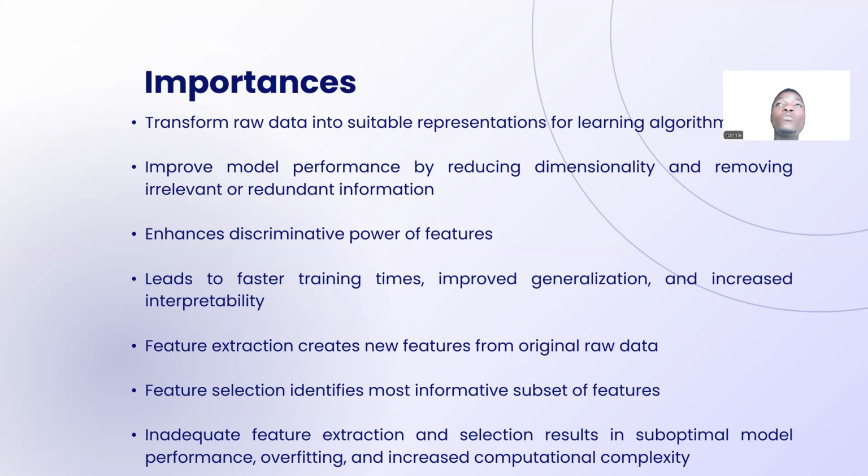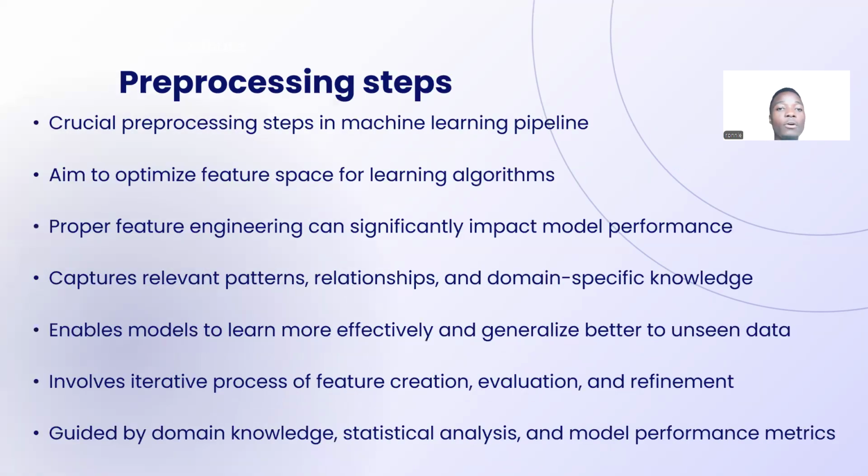Now, removing unwanted features will lead to increased interpretability. Then feature extraction creates new features from original data. Feature selection identifies, actually, these importances you can find in the feature extraction and the feature selection. Yeah, thank you.